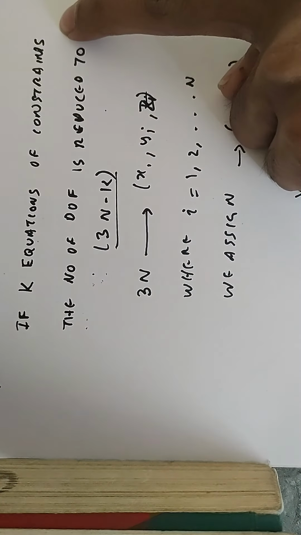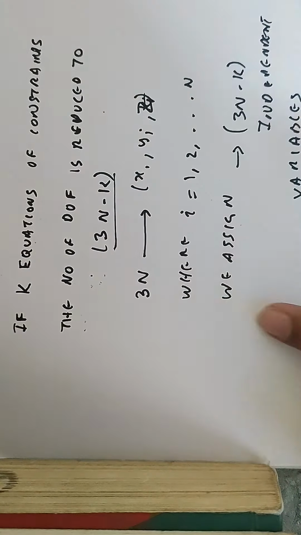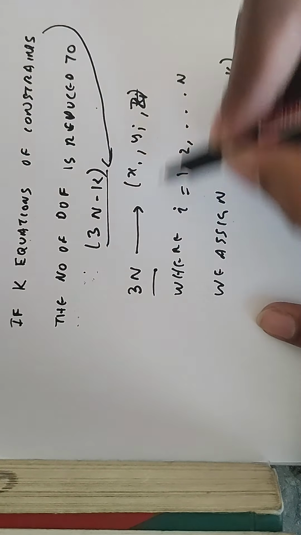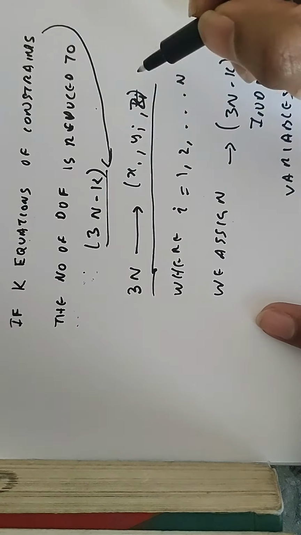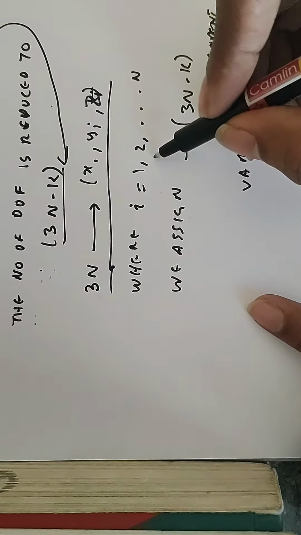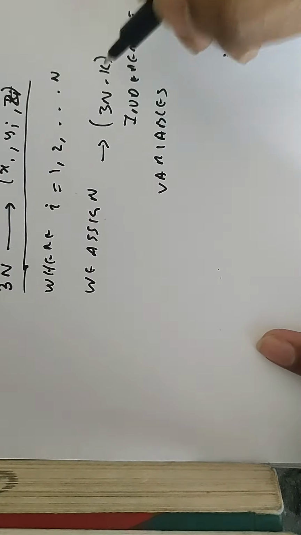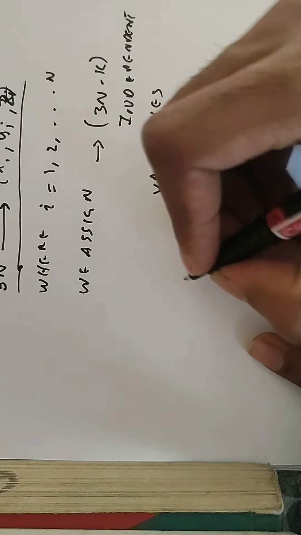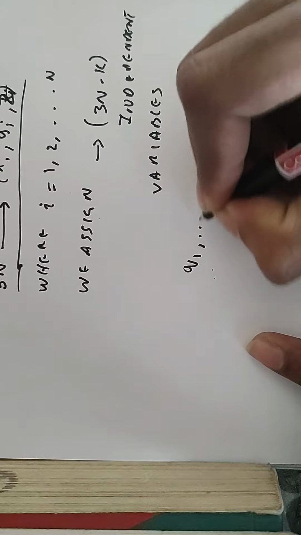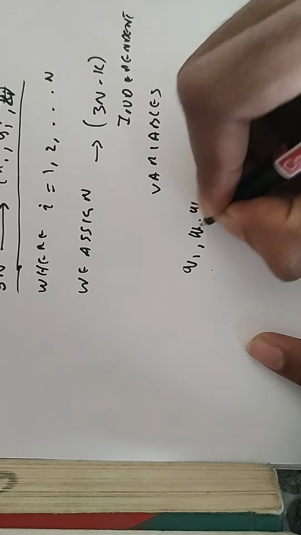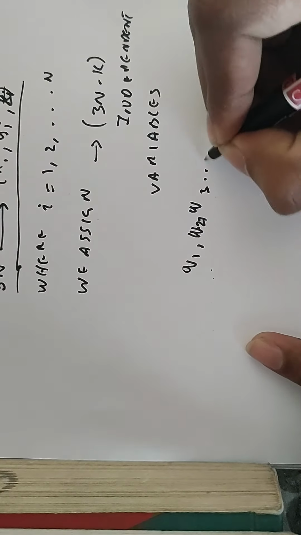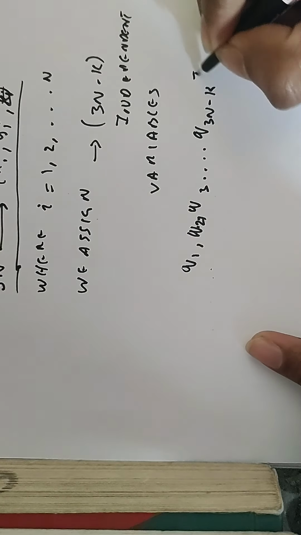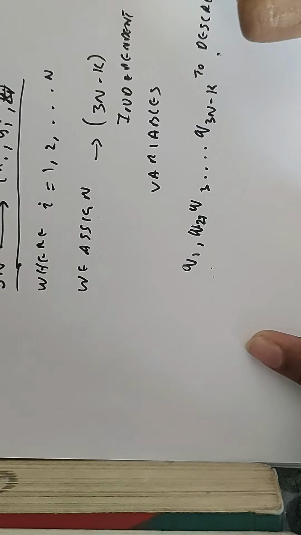If there are k equations of constraints, the number of degrees of freedom is reduced to 3n minus k. So the 3n coordinate system such as xi, yi, zi, where i runs from 1 to capital N, we assign 3n minus k independent variables. So these are denoted by, say, q1, q2, q3, and goes to q3n minus k to describe the system.